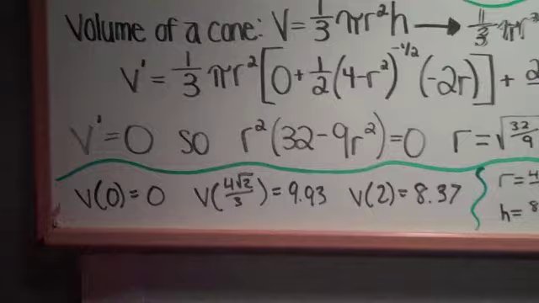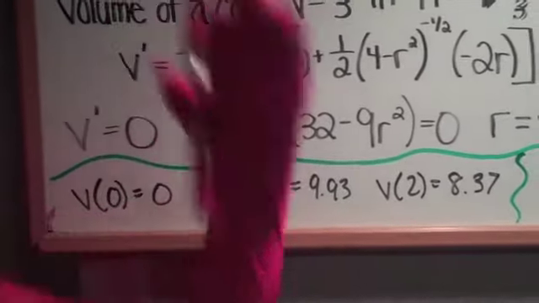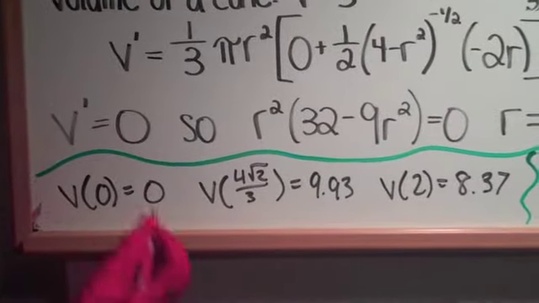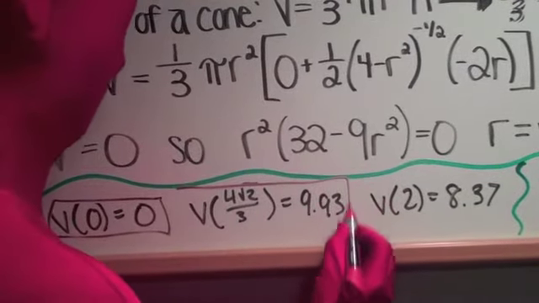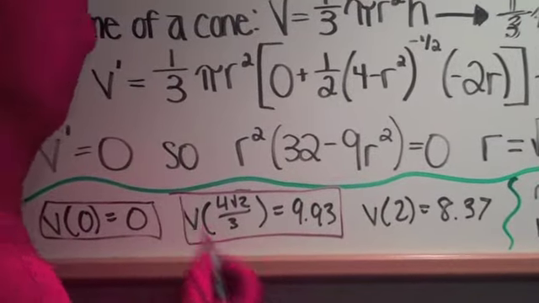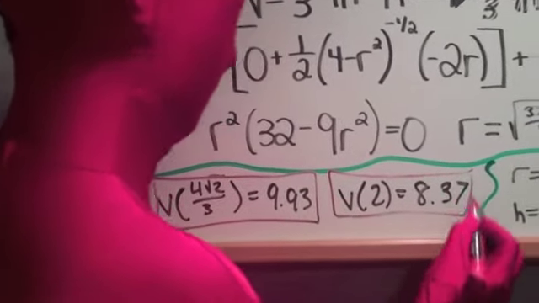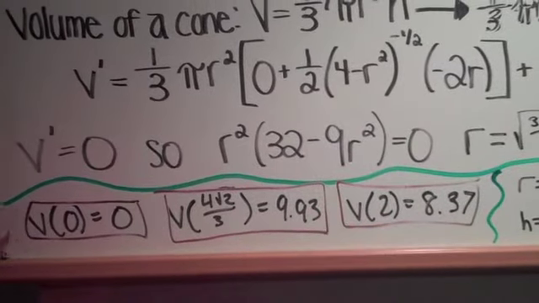Now, plugging these critical points back into the equation, v of r, yields 0, 9.93, and 8.37. The 8.37, the 2 plugged into that equation, is the latter part of the interval.